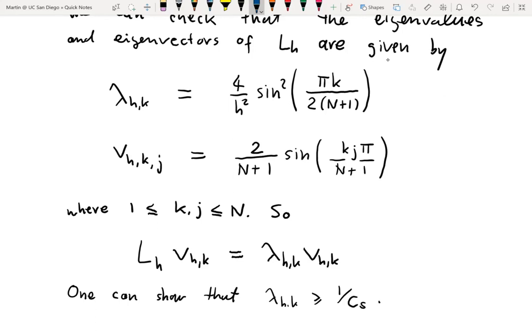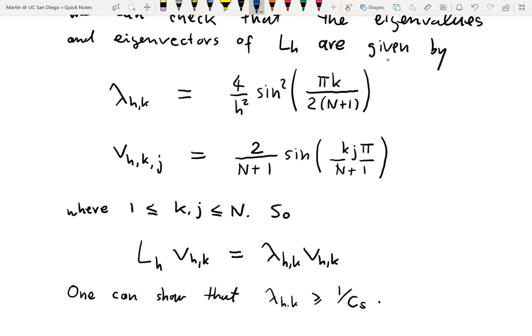And when k is equal to 1, then within the sine function, we've got essentially pi over 2 times h, because h is equal to 1 over n plus 1. Now, if h is small, then the square of the sine of pi over 2 times h is roughly the same as the square of pi over 2 times h.